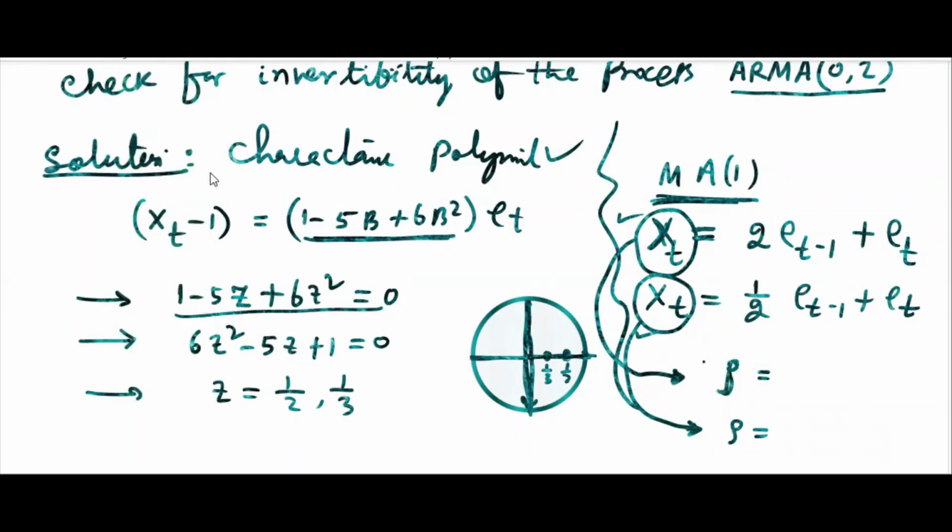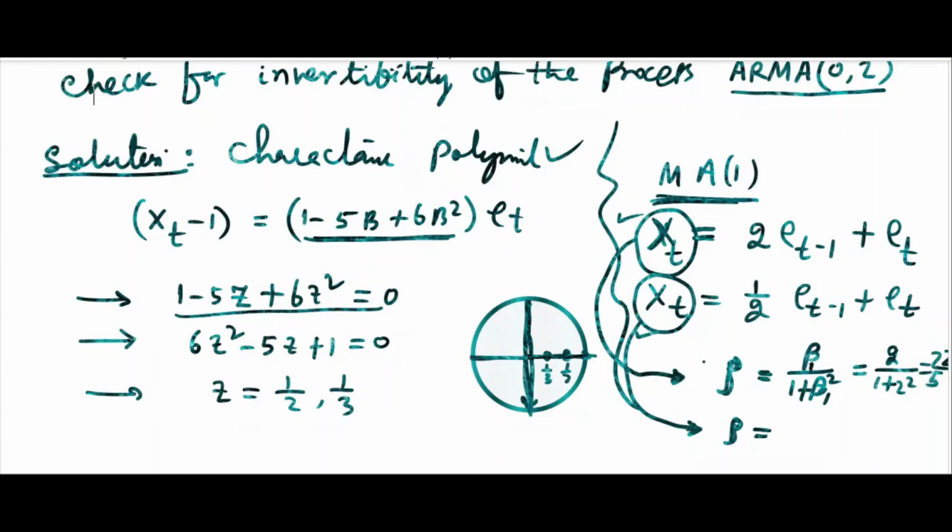So now we have rho here, and both are MA1. What will happen here? When you find rho, the formula was beta 1 divided by 1 plus beta 1 squared. For the first one, it will be 2 divided by 1 plus 2 squared, that is 2 divided by 5.